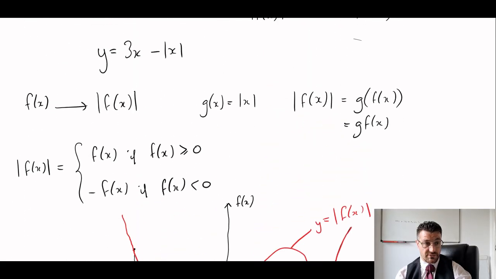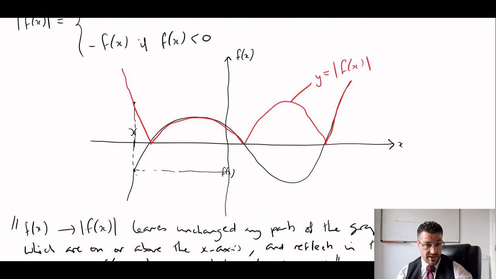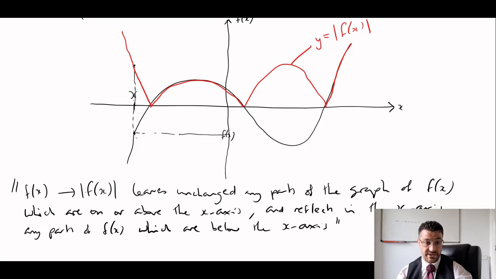So there we've got all different ways of understanding this transformation f of x to modulus of f of x: as a composite function, in an algebraic sense straight from the definition of the modulus function, in a geometrical sense, and we've got a wordy description in plain English of what this transformation represents.